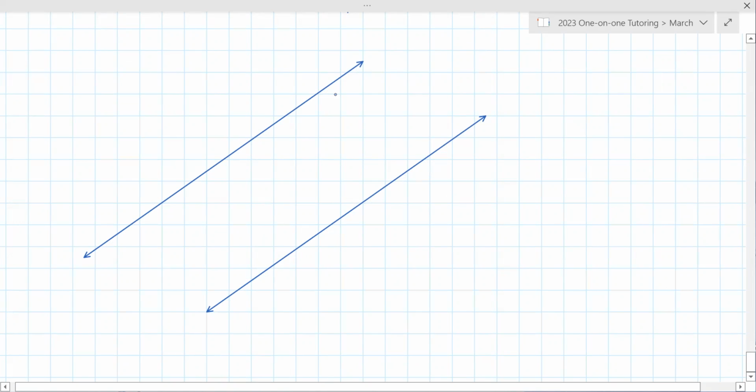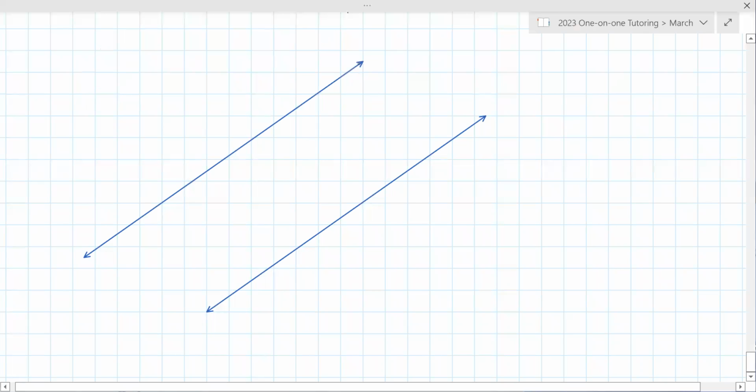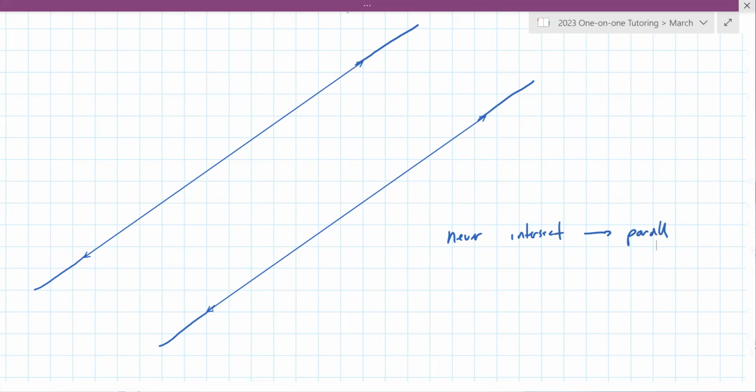No. If you draw them out forever, that keeps going, they're not getting any closer to one another. You see that these will never intersect, and that means they are parallel.